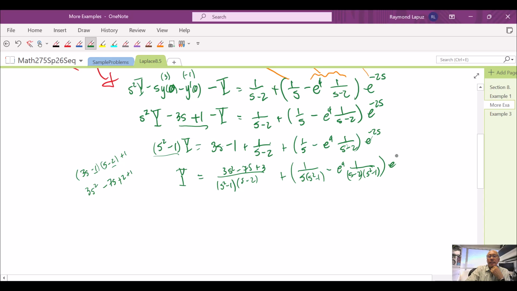And then the e to the negative 2s, which tells us that there's a shift in the real world. All right, now let's start breaking those apart.